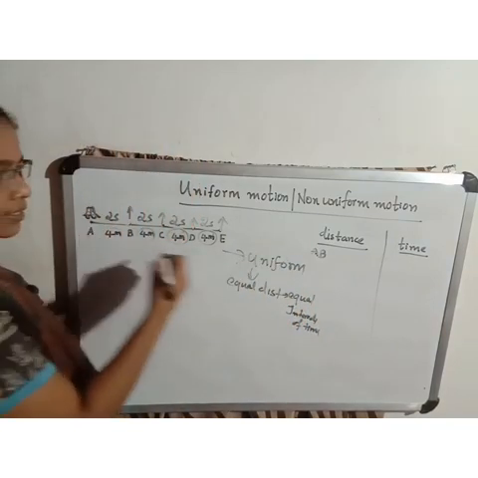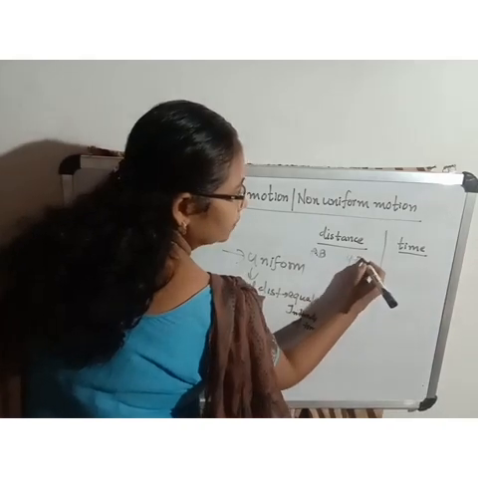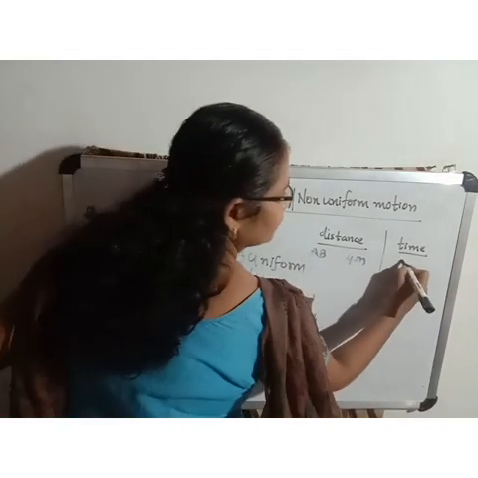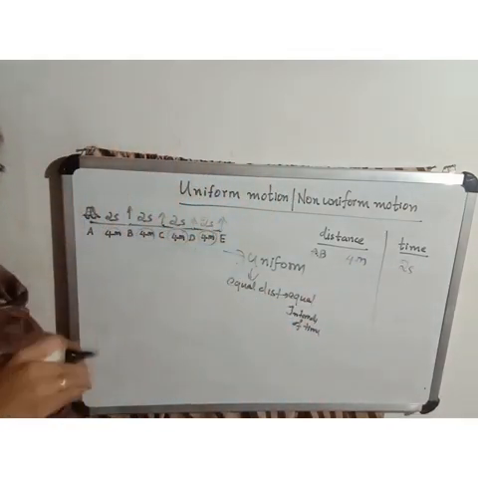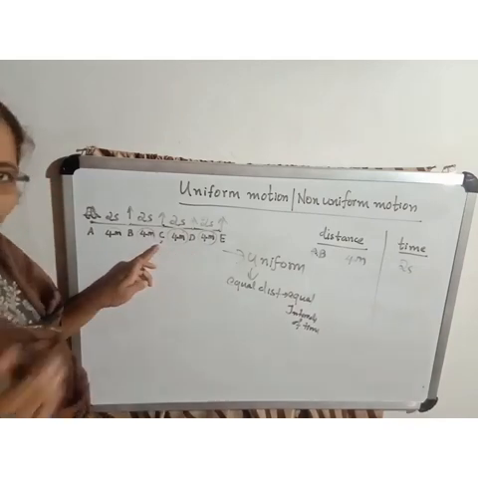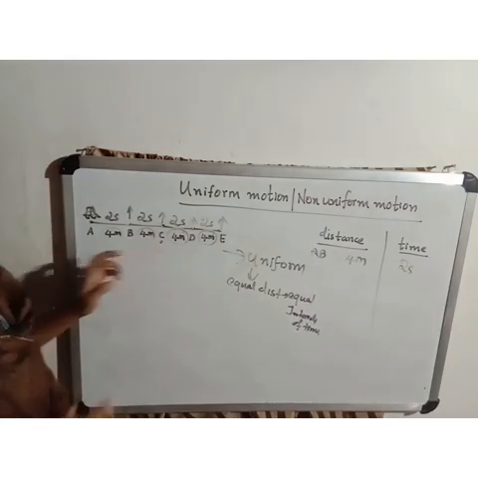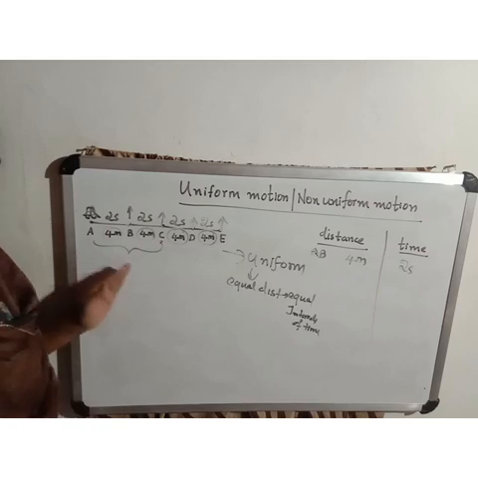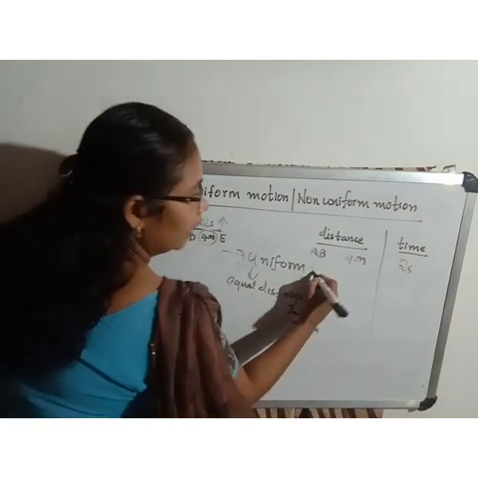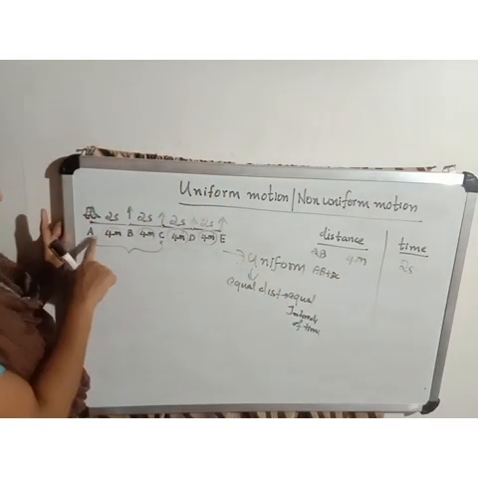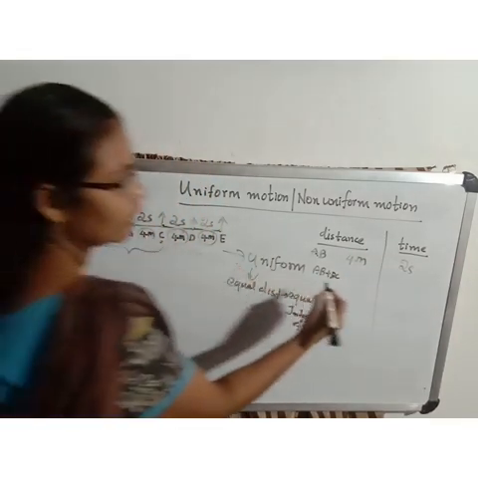How much distance does it cover? 4 meters. By taking how much time? 2 seconds. Now at the second position it reaches C. So how much distance does it cover? It will be AB plus BC, which is 8 meters.